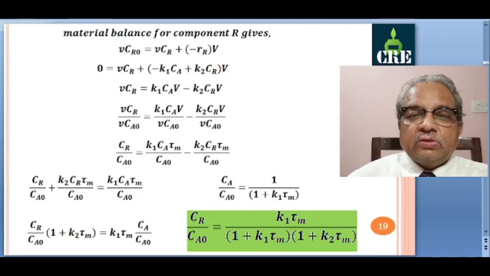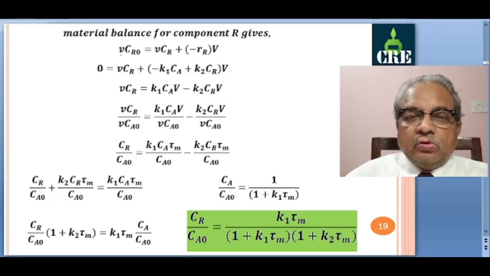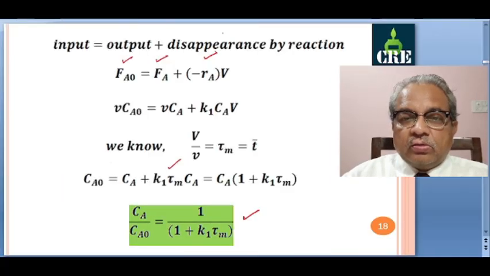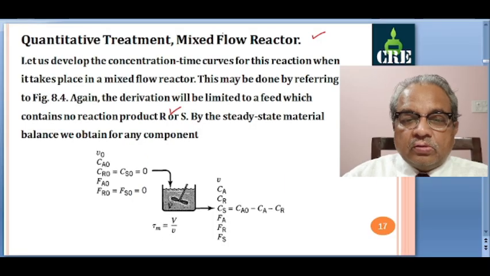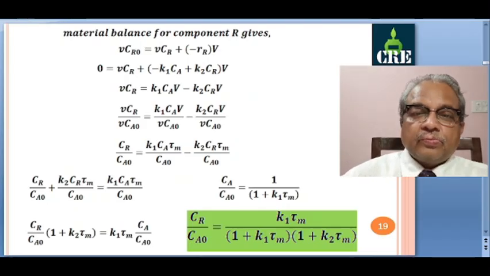If we take the material balance for the component R, because we are also bothered about the second reaction K2, that is also important. So entering input is v CR0, this CR0 is 0, so input is 0, equal to output v into CR plus minus rR into V, where the rate of formation of R is K1 CA minus K2 CR.